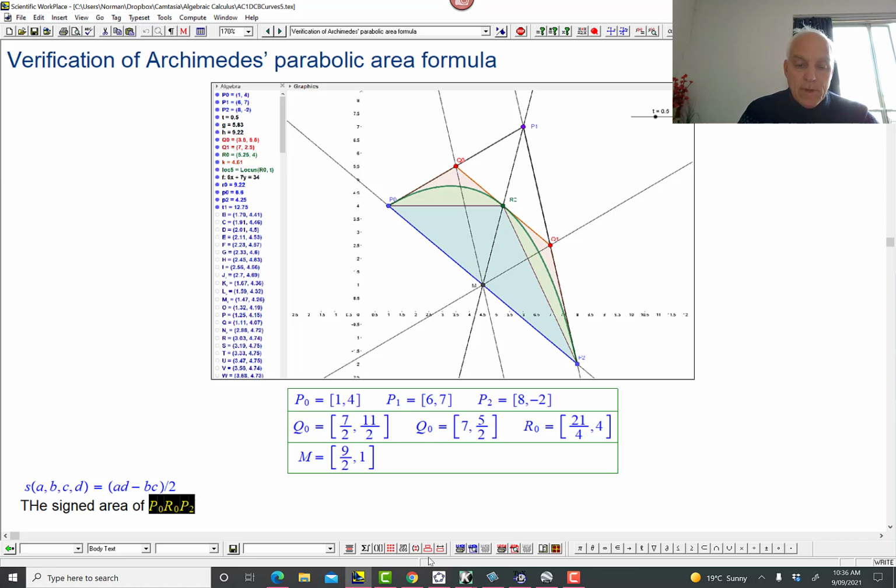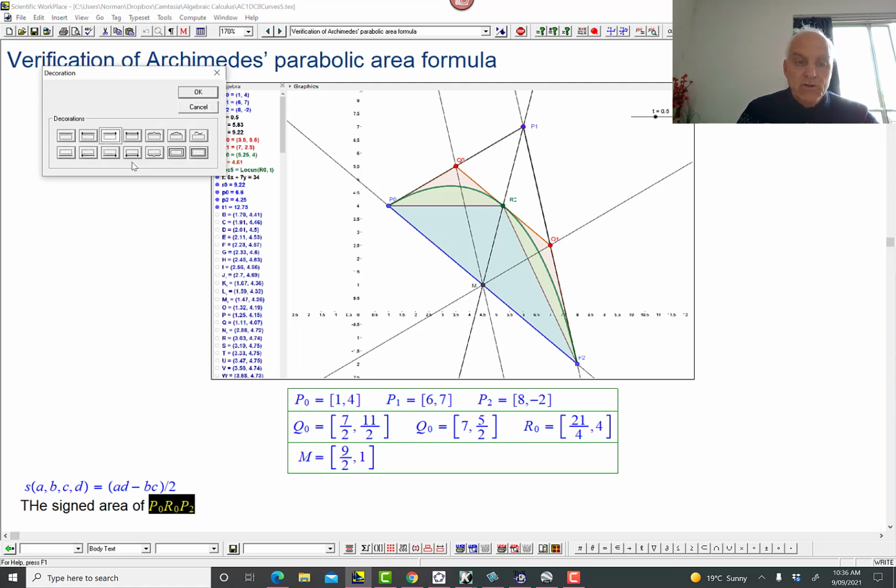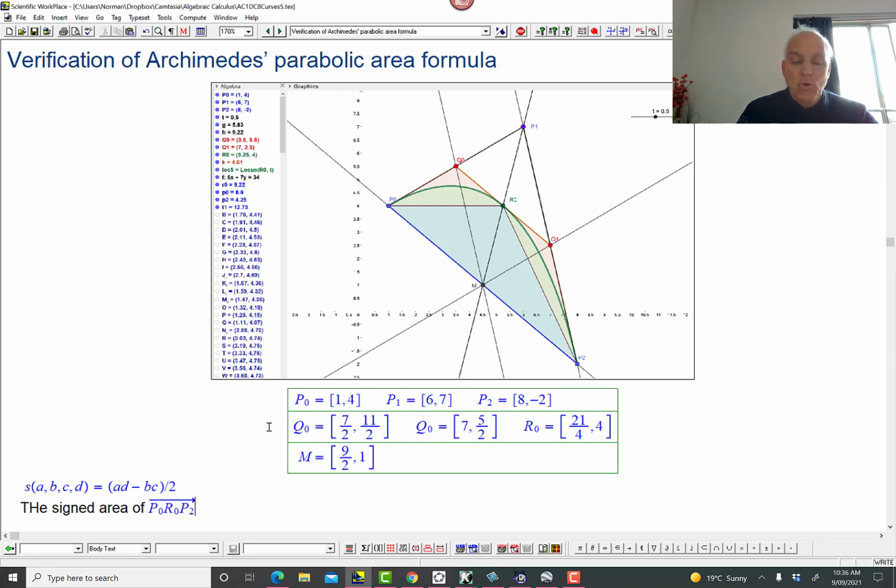And I'm going to put a vector on top of that just to remind us this is really a signed or oriented triangle, okay? We're going in this particular order. So how are we going to do this? Well, we are going to take the sum of 3 signed areas of the segments of the oriented edge from P0 to R0 and from R0 to P2 and from P2 to P0.